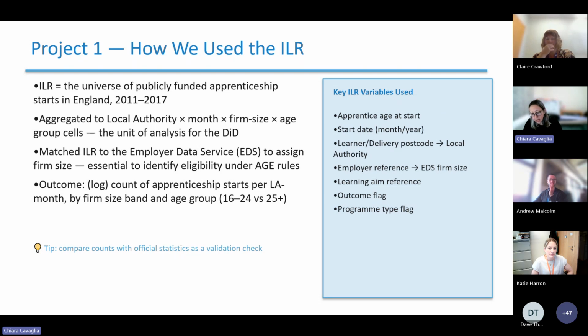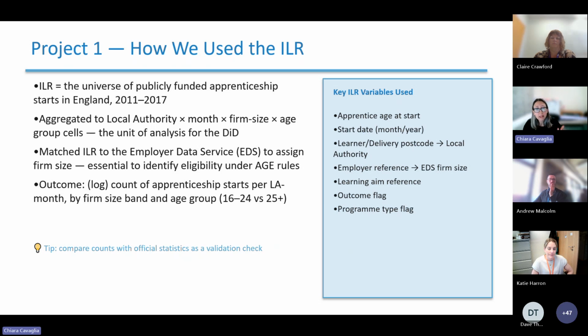We aggregated this data set to a data set that contains cells. Each cell contained the number of starts per local authority, month, firm size, and age. Then we matched it to the Employer Data Service to have information on firm size.